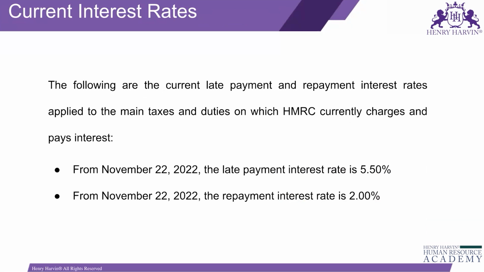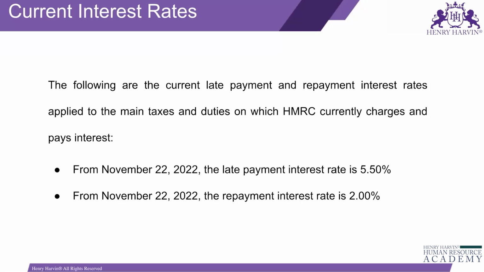The following are the current late payment and repayment interest rates applied to the main taxes and duties on which HMRC currently charges and pays interest. From November 2022, the late payment interest rate is 5.50%. You remember there was a change in November, I told you. From November 2022, the repayment interest is 2%.